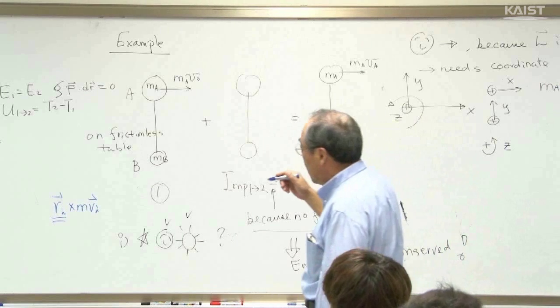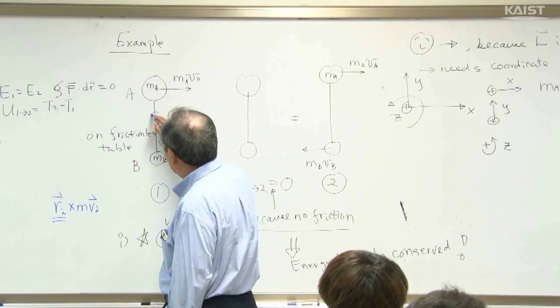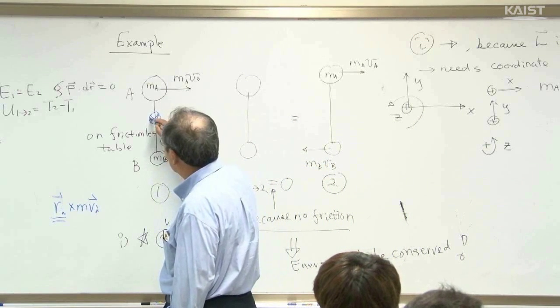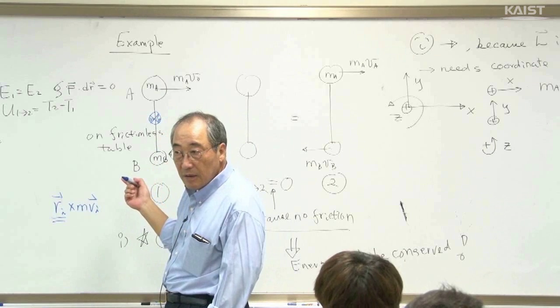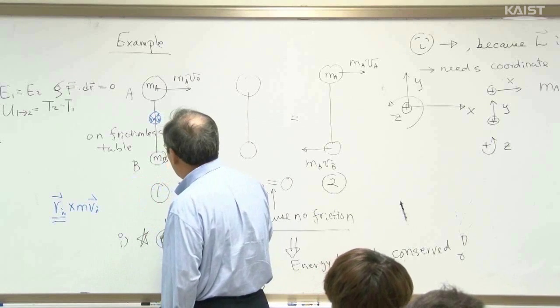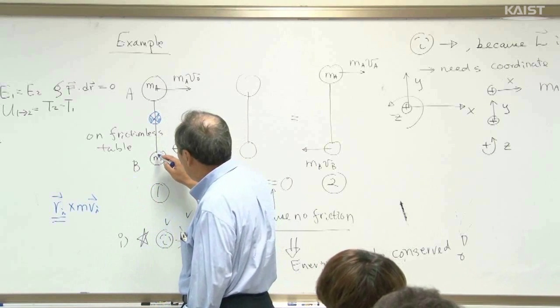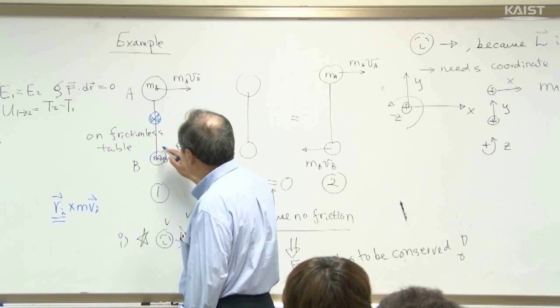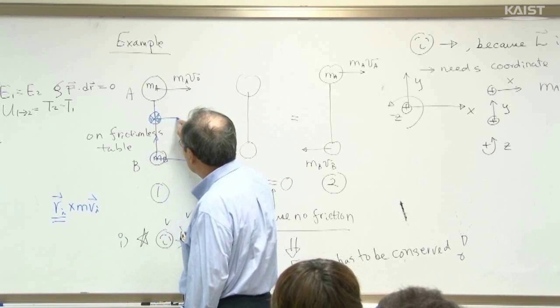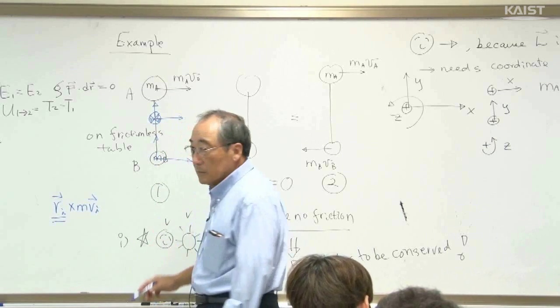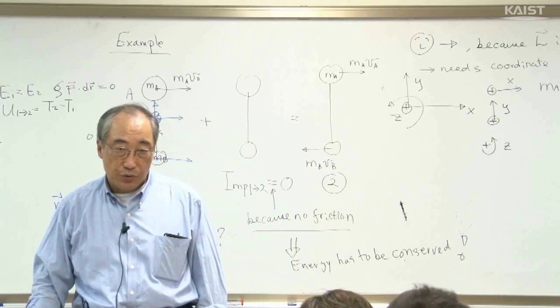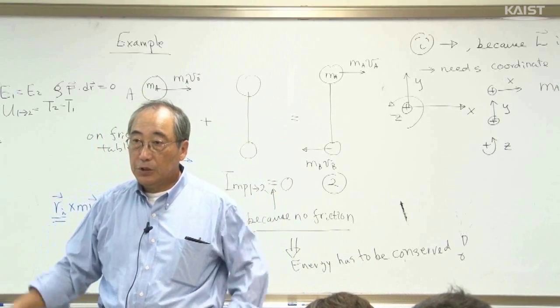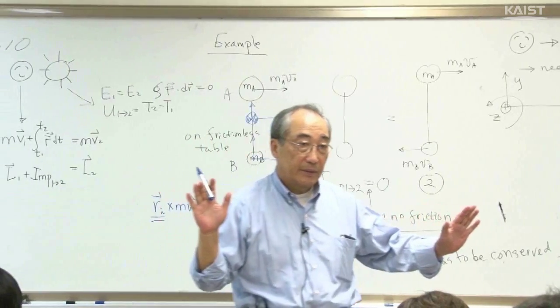So not only the direction of the coordinate is important, but also the origin of the coordinate is important, right? So there are two ways. You may select the coordinate with respect to the center of mass, or you may select a coordinate with respect to mass B. Which one would you like to use? Doesn't matter actually, right?